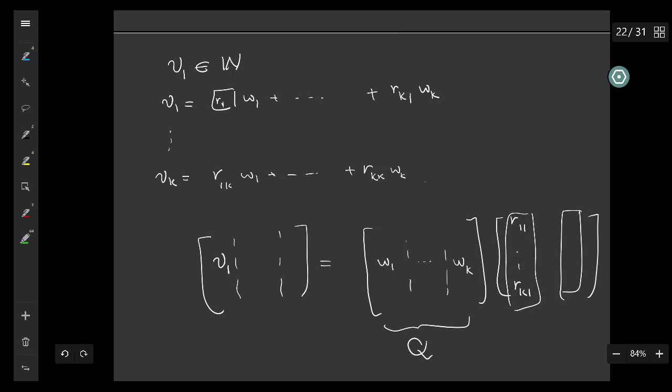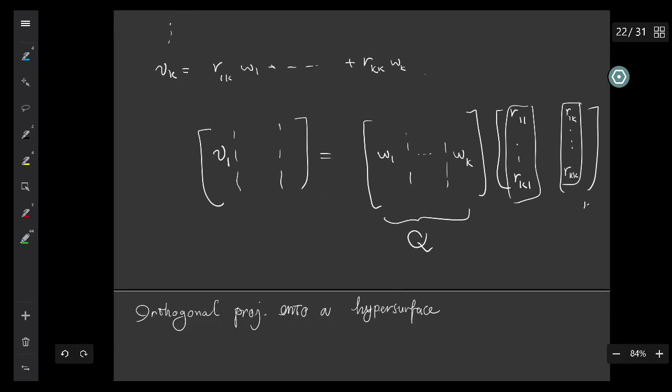So this is r1k through rkk. So this is a k by k matrix.